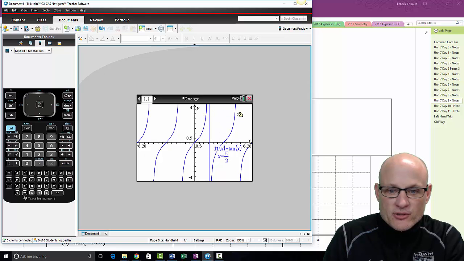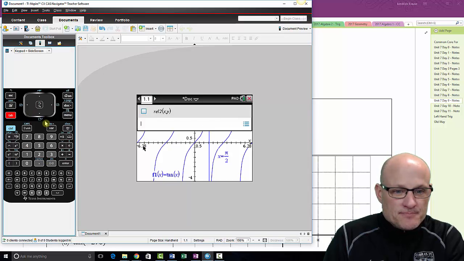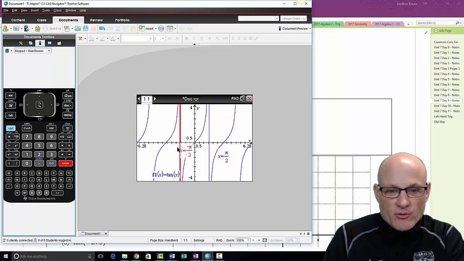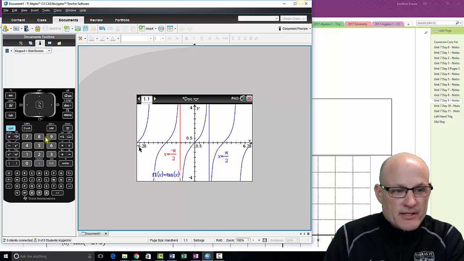I graphed the relation x equals pi over 2 right there. Notice it's an asymptote. I can graph the negative of that. Tab. I can graph x equals negative pi divided by 2. There's another one.